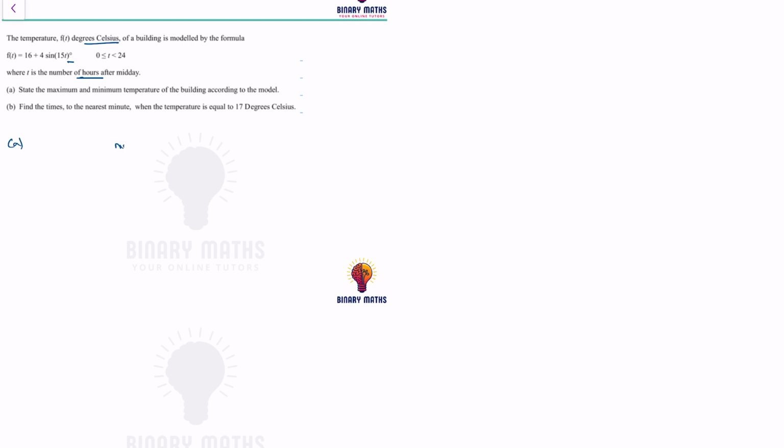So minimum and maximum: I know sine of 15t, because the 15t does not affect the y, goes from -1 to 1. 4 sine of 15t multiplies all the y coordinates by 4, because it's a vertical stretch by scale factor 4. So it goes from -4 to 4.